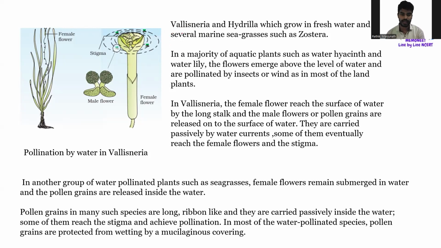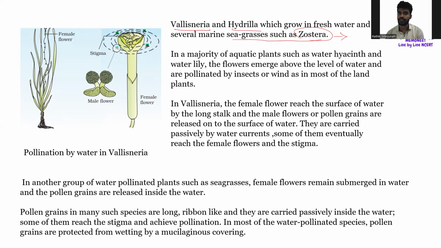One example is Vallisneria and Hydrilla. They normally grow in fresh water, right? And several marine sea grasses such as Zostera. These all normally grow in the water and they also pollinate in the water itself.